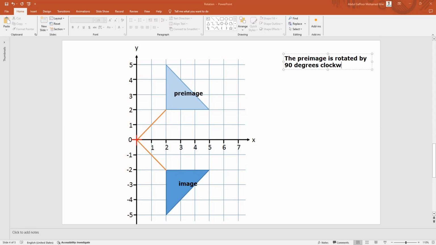So you have to know the direction. Actually there are two directions, clockwise and anti-clockwise. If it is rotating in this way, it is called clockwise. And if it is rotating in this way, this is called anti-clockwise.